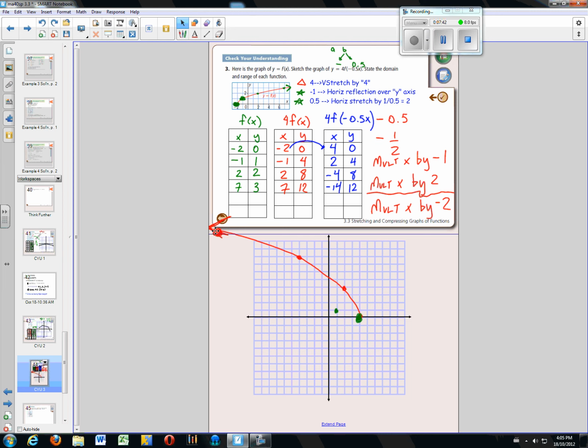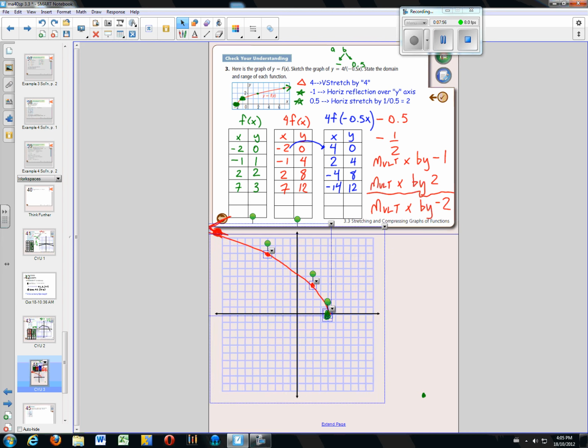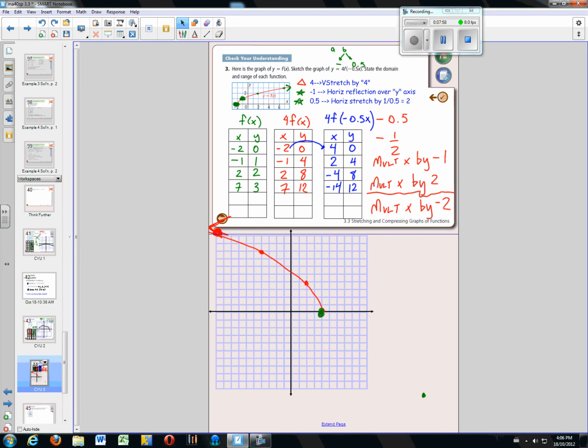Thank you for Check for Understanding number 3. Okay, I forgot the domain and range. I'm not going to forget again. So I'll just shift this graph over a little bit, and we'll write the domain and range over here. Domain. Domain is what x can be, the restrictions on x. For this question, notice that x can be anything less than 4 on the new graph.